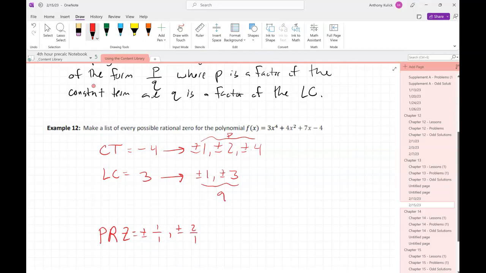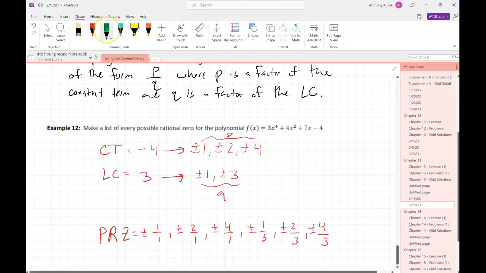Plus or minus 2 over 1, plus or minus 4 over 1, and then plus or minus 1 over 3, plus or minus 2 over 3, plus or minus 4 over 3. Now, those first three, is that really going to be the way I write those? Probably not, right? What am I going to call 1 over 1? Just 1. 2 over 1, I'll just write 2. 4 over 1, just write 4. Everybody's okay with that?